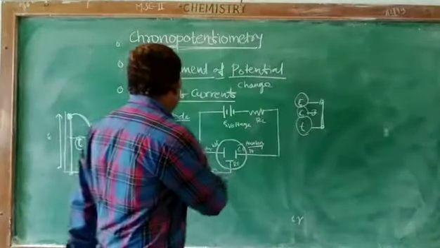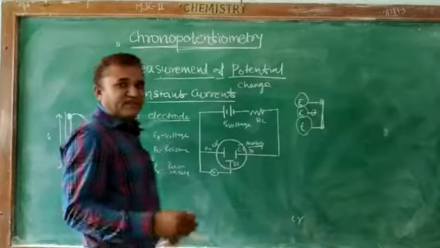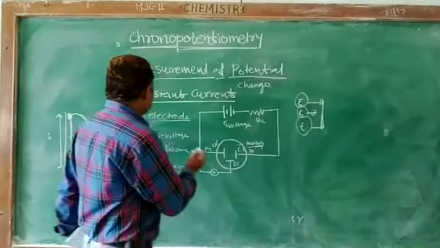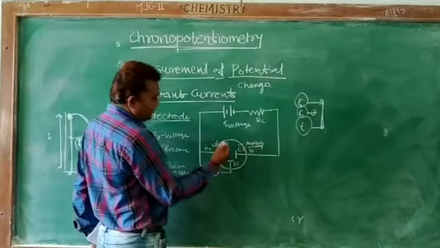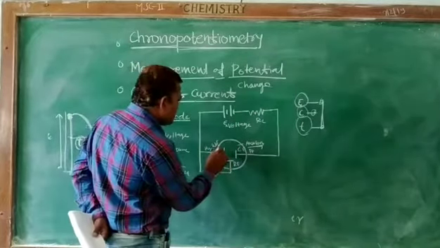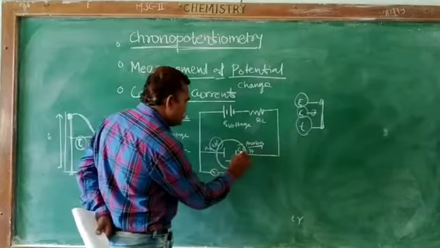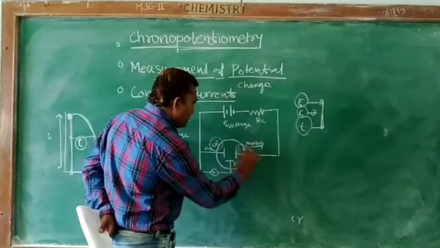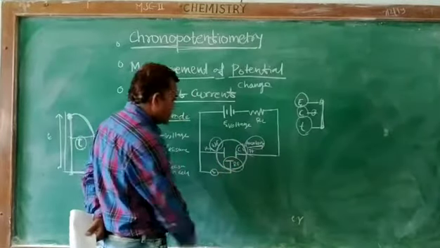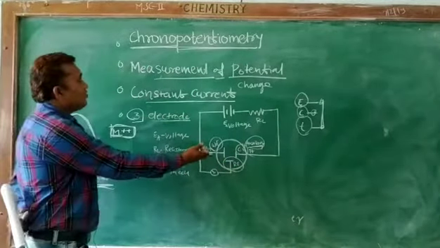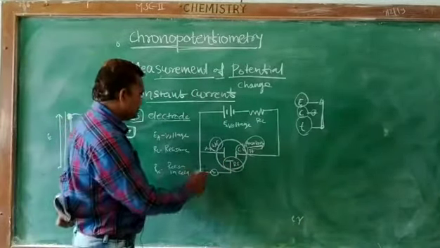So from the value of tau, we measure the concentration of that metal ion. In this instrument, we need a three-electrode system. As the figure shows, first the working electrode, second the counter or auxiliary electrode, and third the reference electrode. This is the chronopotentiometry diagram.